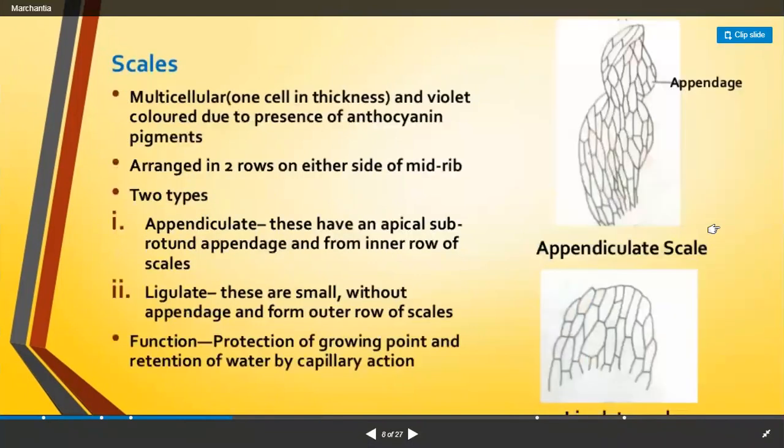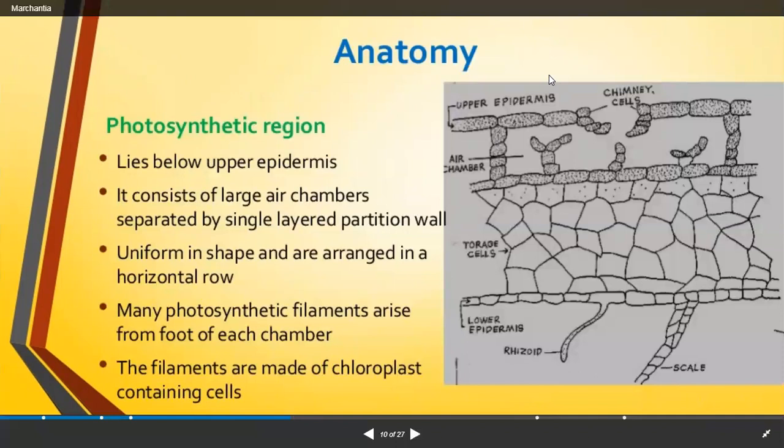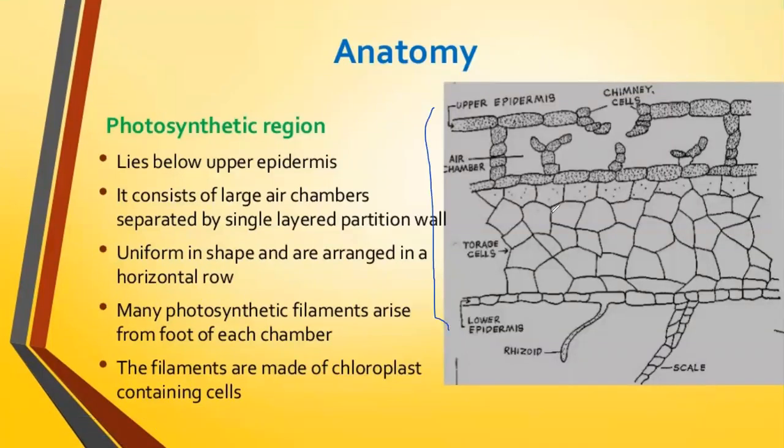There are mainly three different zones in Marchantia. You can differentiate the VS, vertical section of Marchantia, into three different regions.